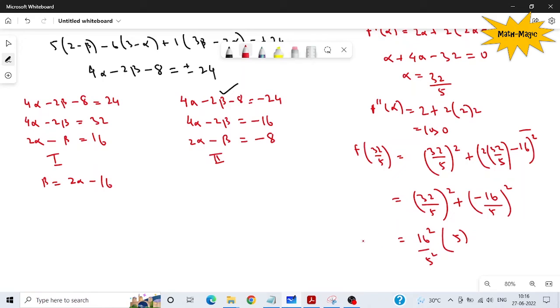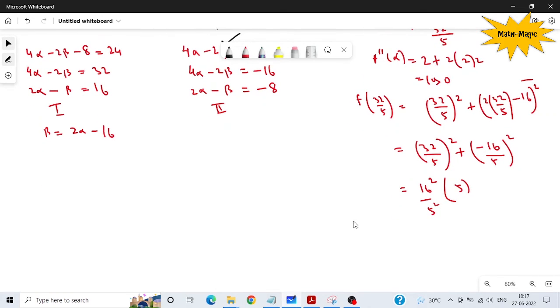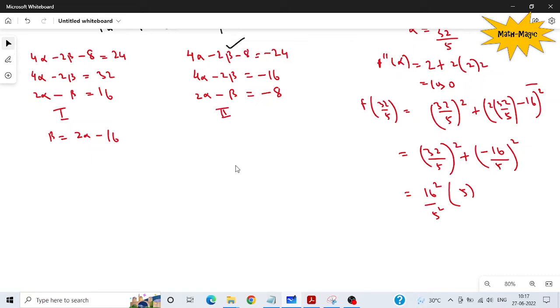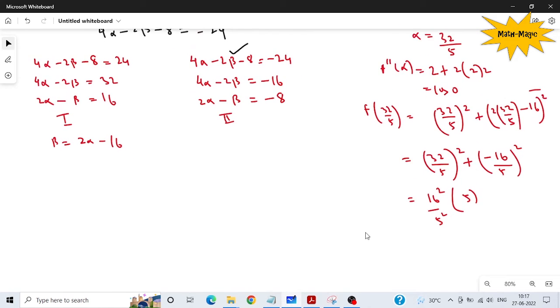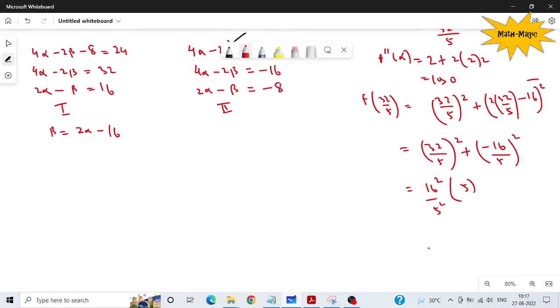Okay, and this is the minimum value of alpha squared plus beta squared. But what we want to find is the square root of this, the minimum value of the square root. So the square root of f of alpha is equal to the square root of 16 squared by 5 squared into 5.